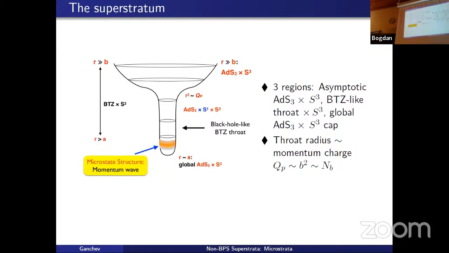And then you have the AdS3 cap that caps off smoothly and looks very much like empty AdS. And the interesting bit is here. This is where the momentum wave is, this deformation that I told you that you put on. That's where all the structure is and where the interesting stuff happens.